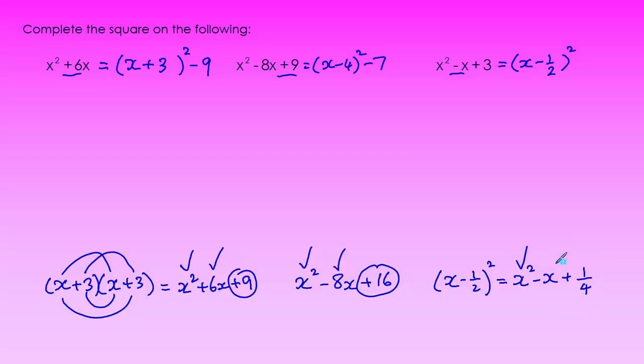So the x squared and the minus x work. It's always these first two terms that we get from this bracket. And then we need to adjust. This is 1/4, and we want 3, and remember that 3 is 12 quarters. So what we're going to need to do is add another 11 quarters.